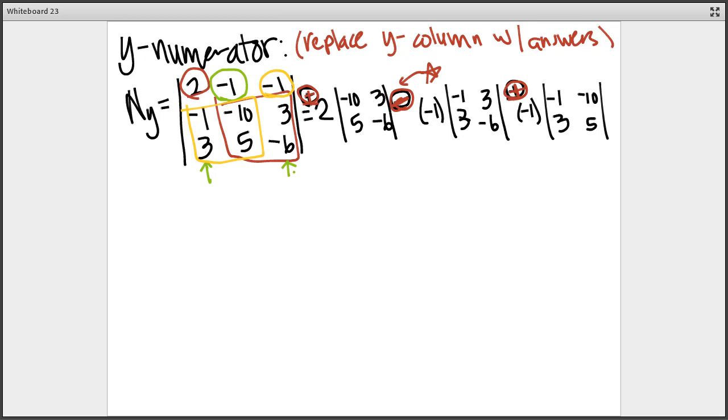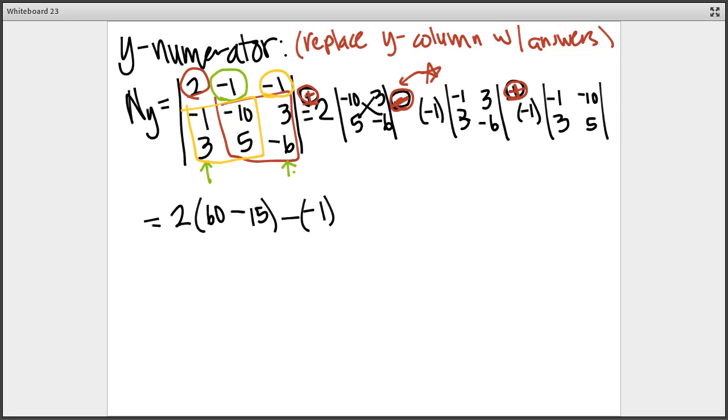All right, so here we go. We've got 2 times -10 times -6 gives you a 60, minus, opposite diagonal, 3 times 5 is 15. You have a minus -1.